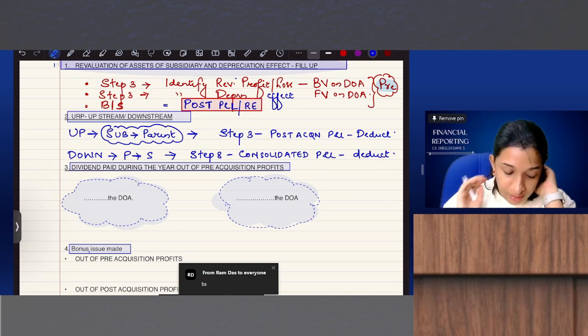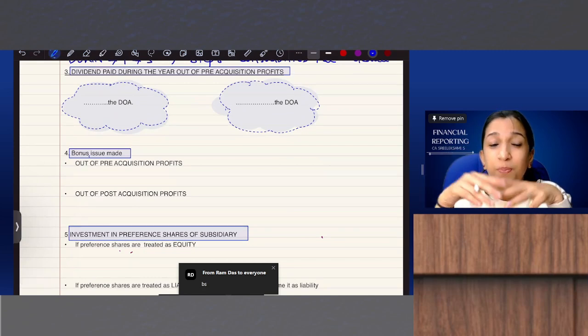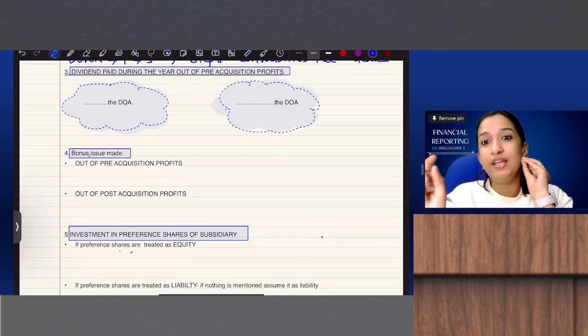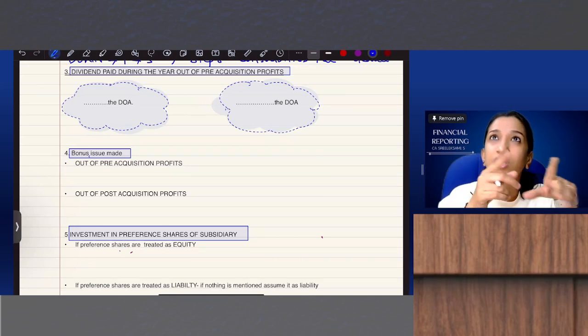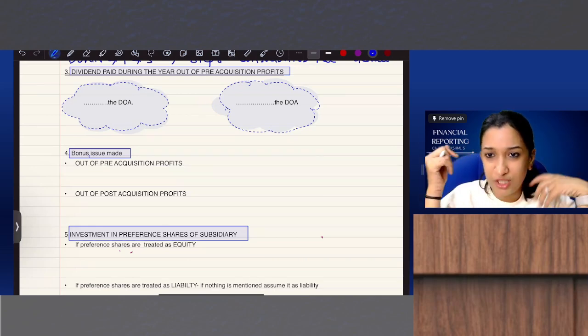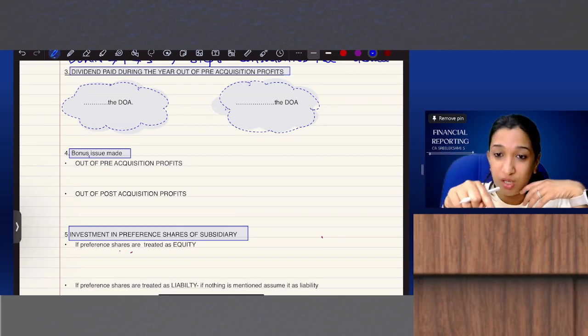Now, dividend paid during the year out of post-acquisition profits or pre-acquisition profits. Dividend paid out of pre-acquisition profits is pre-acquisition dividend.